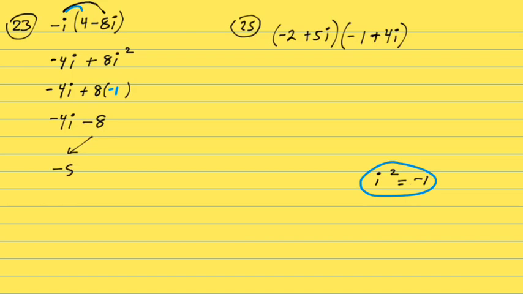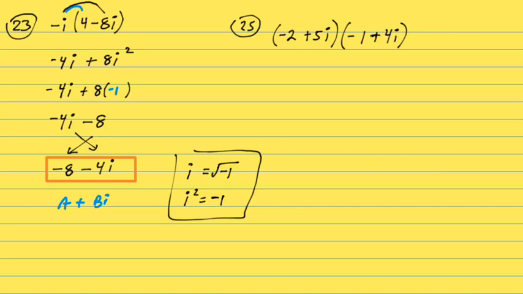You're supposed to put your real first, followed by your imaginary, because that puts it into a plus bi, or standard form of a complex number. i is the square root of negative 1, therefore i squared is negative 1, which is what I did in this problem. 25, I'm going to distribute.